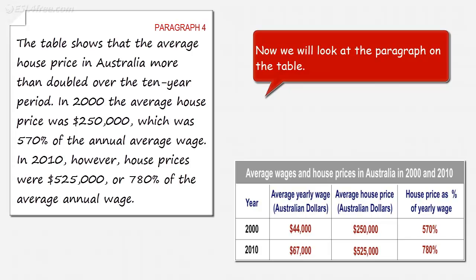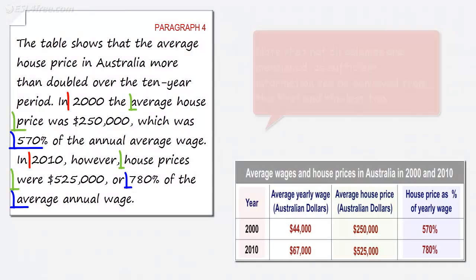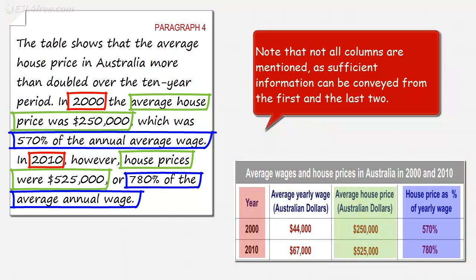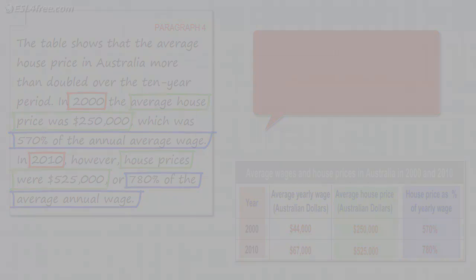In 2010, however, house prices were $525,000, or 780% of the average annual wage. Note that not all columns are mentioned, as sufficient information can be conveyed from the first and the last 2.